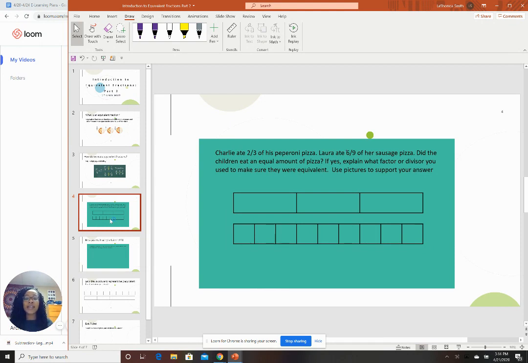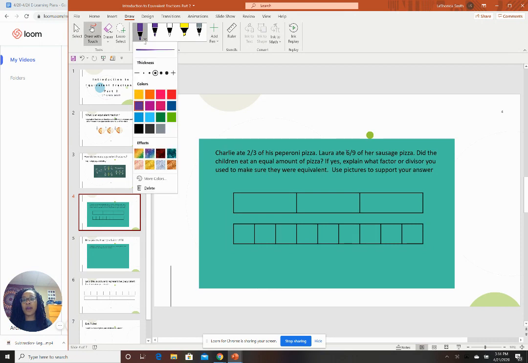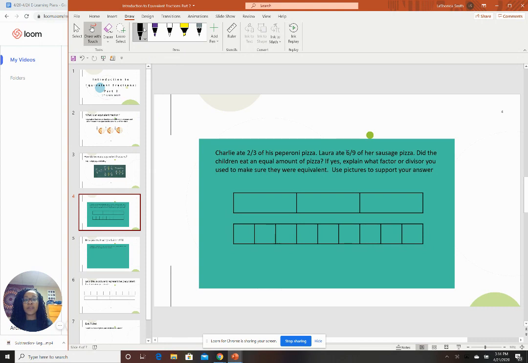So Charlie ate 2/3 of his pepperoni pizza. Laura ate 6/9 of her sausage pizza. Did the children eat an equal amount of pizza? If yes, explain what factor or divisor you used to make sure they were equivalent, and use pictures to support your answer. Okay, so let's start circling what is important and figuring out what the word problem is asking us.